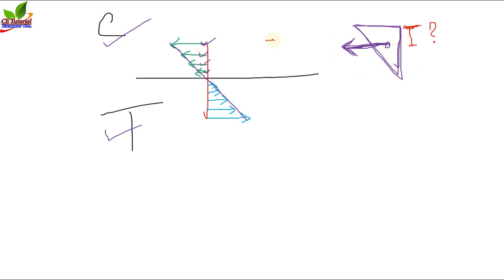You see, suppose this distance is d, and for our simplicity we consider this distance as half of d.